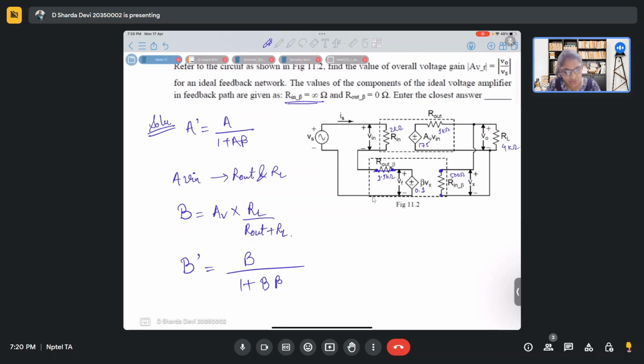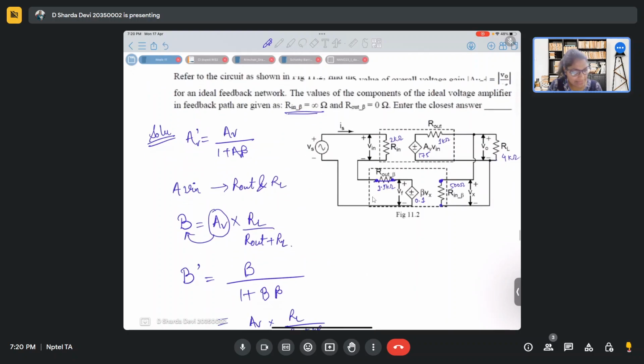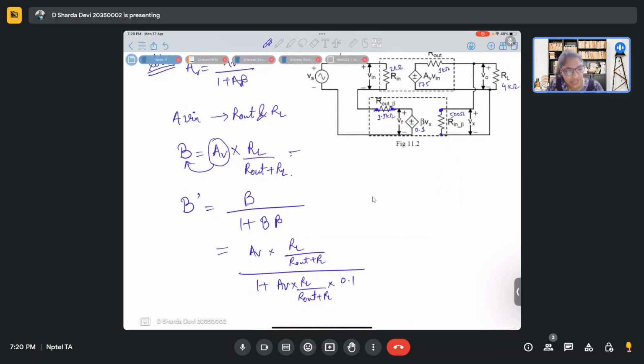Now A will change to B; this AV has changed to B. So in place of AV, we'll simply substitute B. So here it will be AV into RL upon R out plus RL, by 1 plus AV into RL upon R out plus RL, into 0.1. Beta was 0.1.